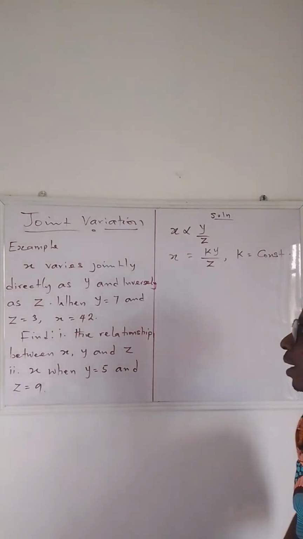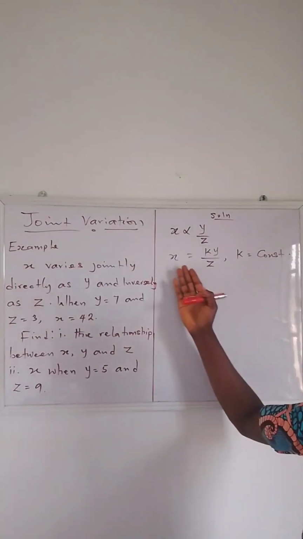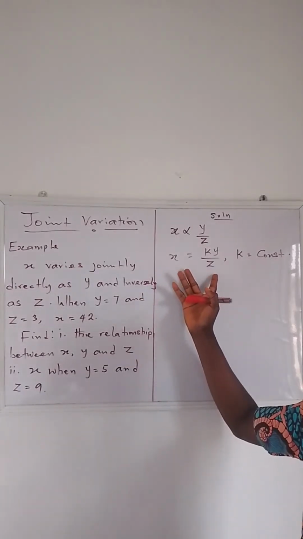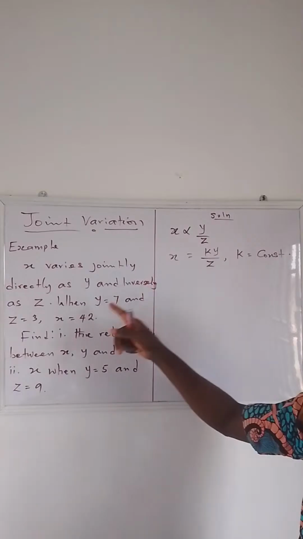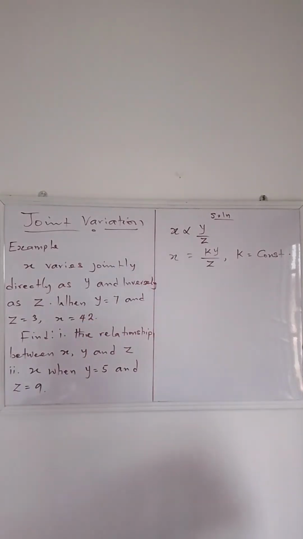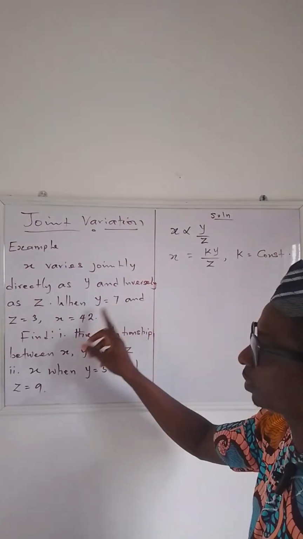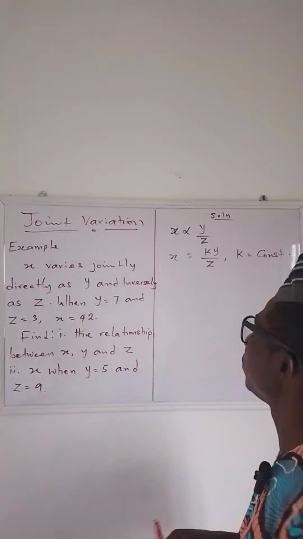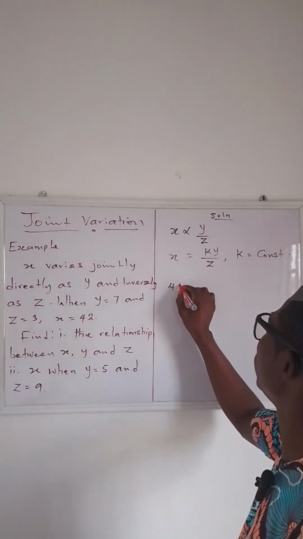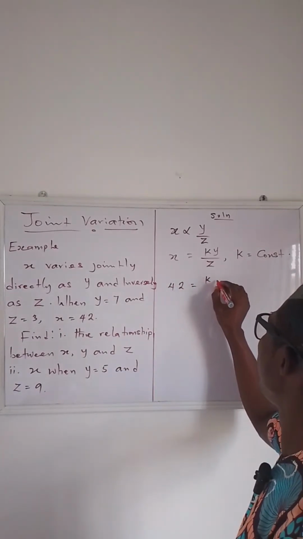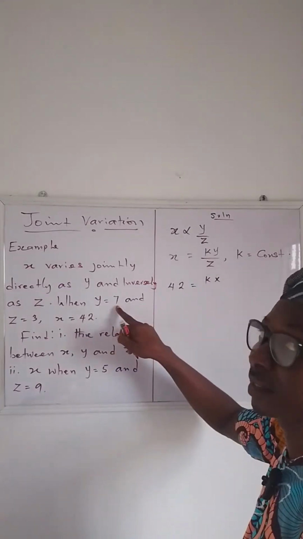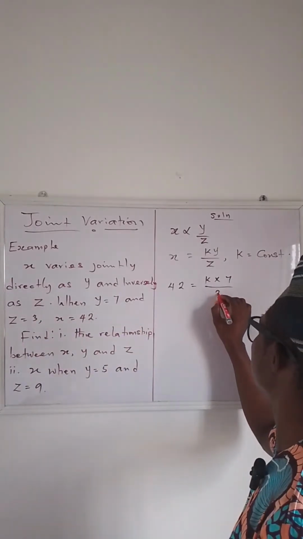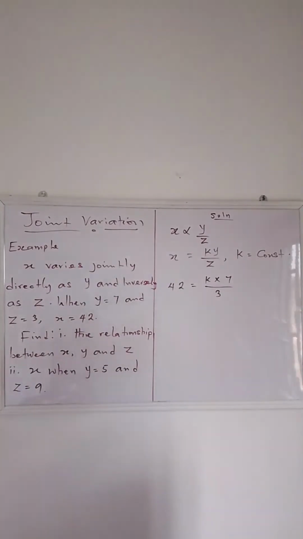Now we substitute the values of X, Y, and Z inside this relationship. In the question, we have Y to be 7, Z is 3, and X is 42. Let's plug in these values. So we have 42 equals K times 7 over 3. Now we cross multiply.